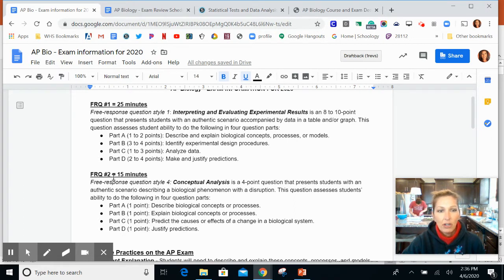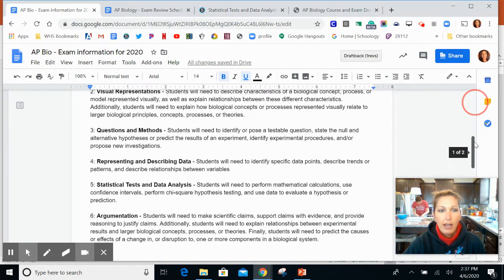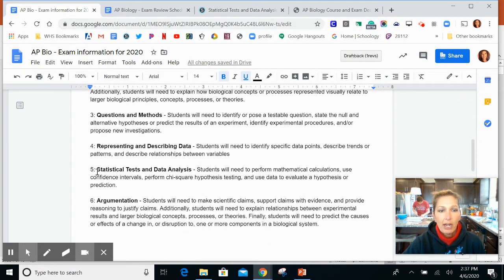Your second FRQ is a 15-minute FRQ. But here within FRQ number one, College Board says that part of this, about 3 points, is this analyzing data piece. So analyzing data is something that is a math practice. It's a practice in biology and in science that's expected. And so here, that's actually practice 5, statistical tests and data analysis.